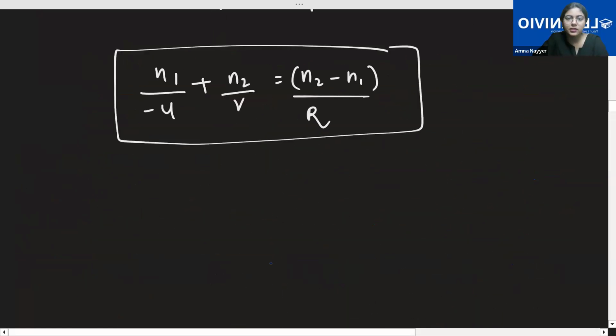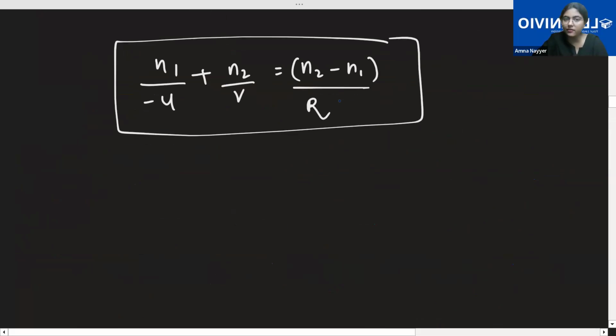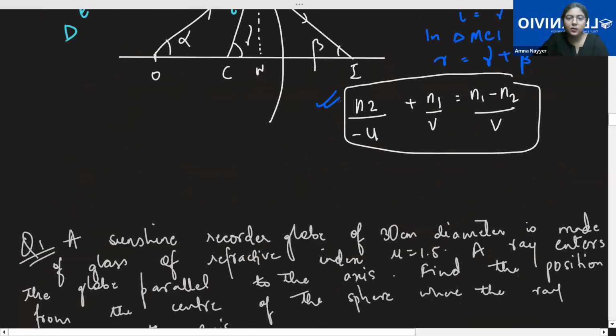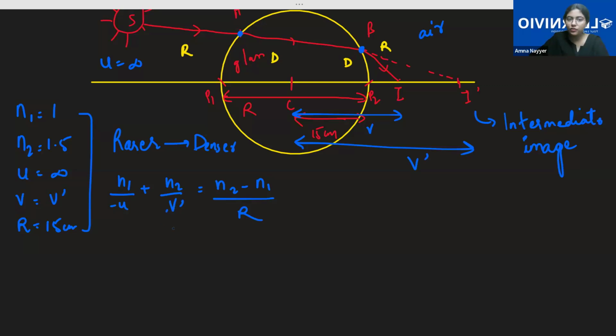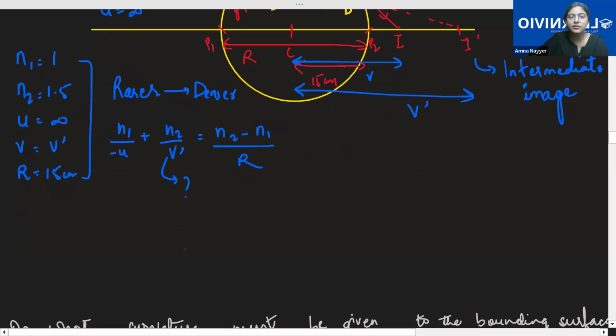U is already infinity, so this term will be 0. This V will be your V dash, which you have to find out. The calculation part, please do it on your own and tell me the answer.